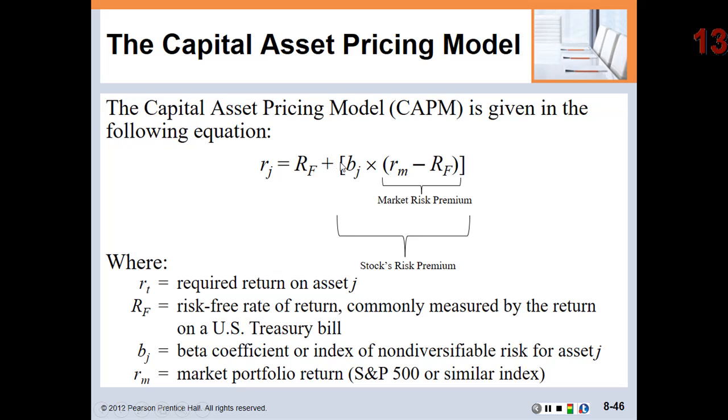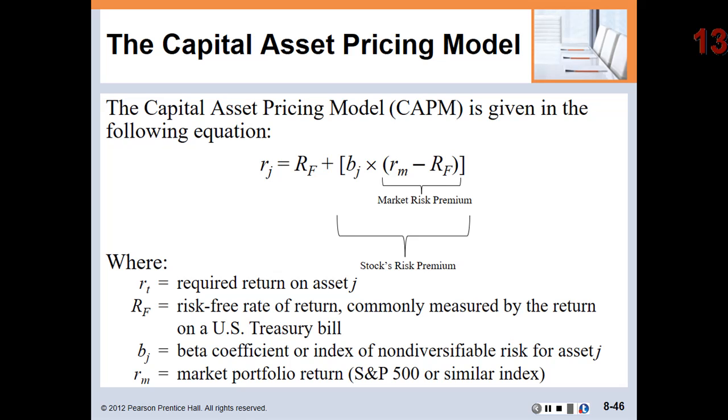Now we add to that the beta coefficient for the individual stock, and we spent a lot of time on Tuesday talking about that, multiplied by the return of the market. Now, the return of the market, to be technically correct, would be an annual return on every risky asset that you could possibly invest in.